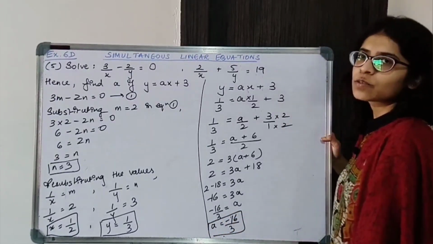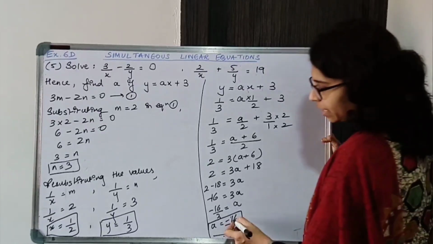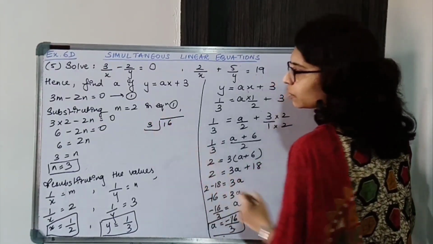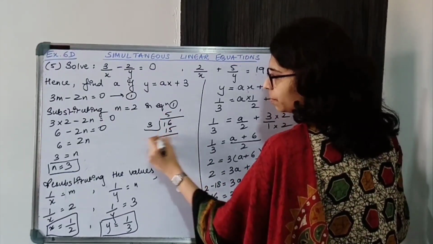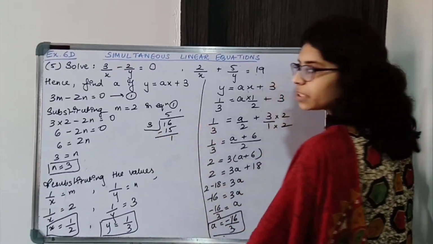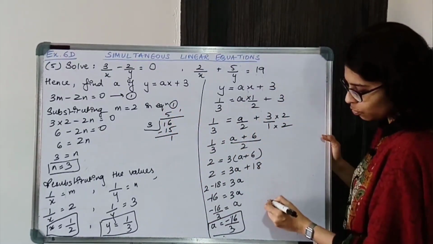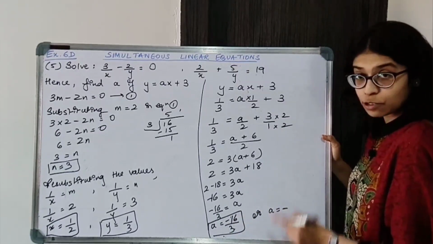The answer in the textbook is in mixed fraction form. So what will you do over here? Divide 16 by 3. 3 5s are 15, and 1 remains. Now we'll express this in mixed fraction form. Don't forget to put the minus sign.